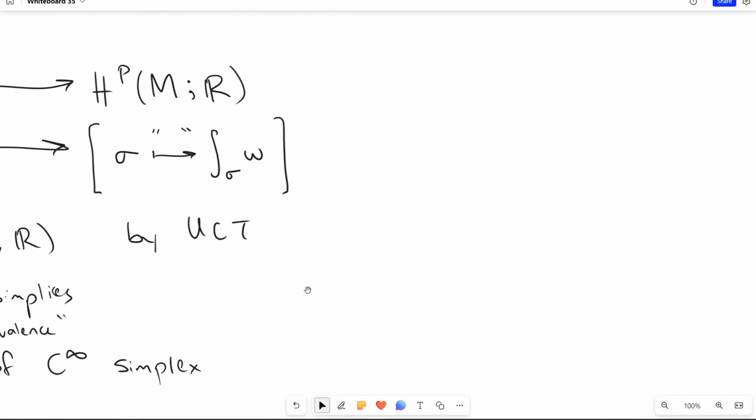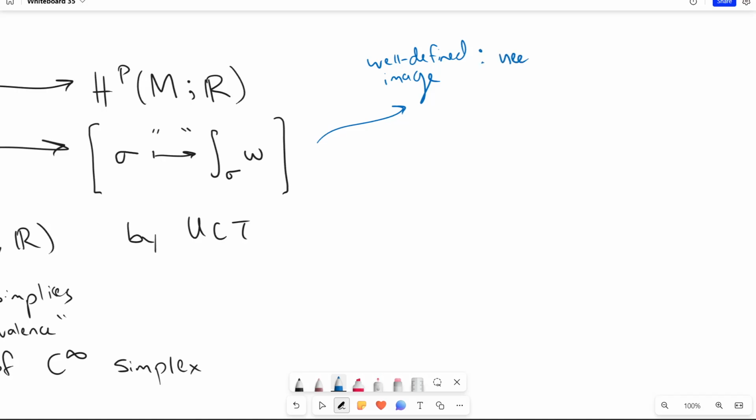So if omega is a cycle, sorry, let me use a different color. This is the well-defined image, let's say. Need to check that it's a cocycle. So let's try it. Let sigma be a cycle.